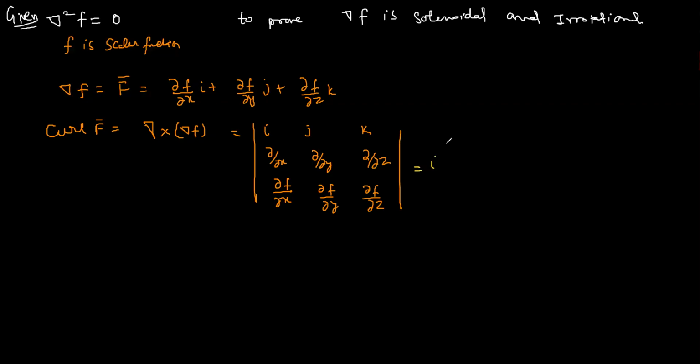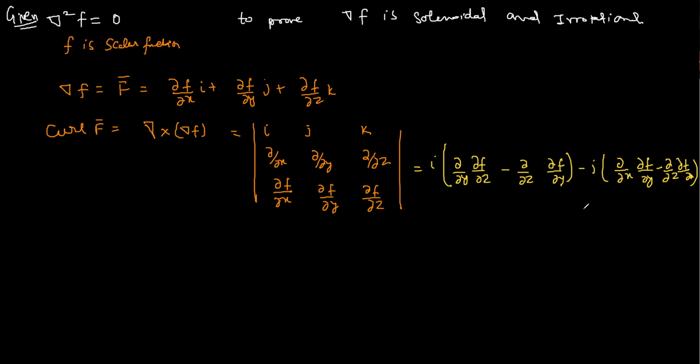See, when you take the i component, you will get del by del y of del f by del z minus del by del z of del f by del y, minus j, and so on.